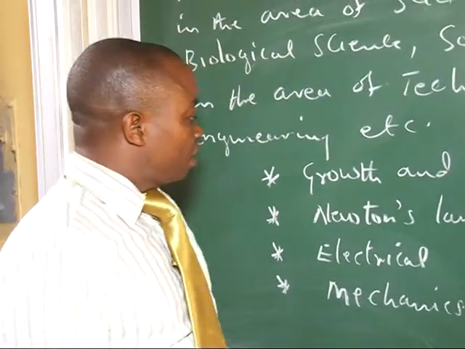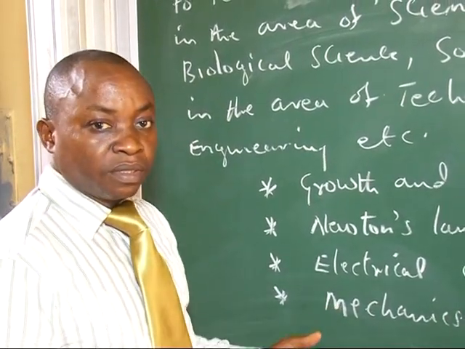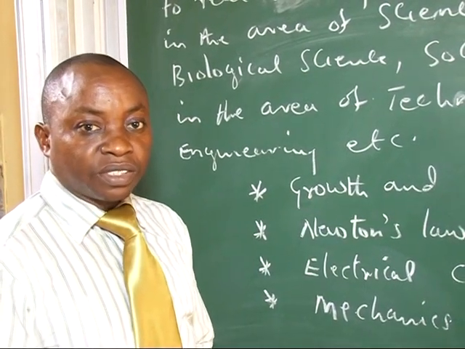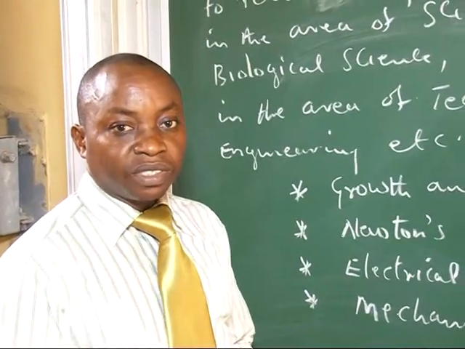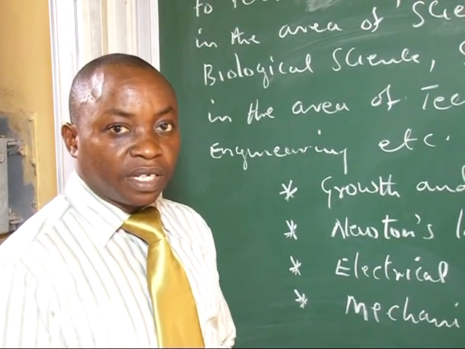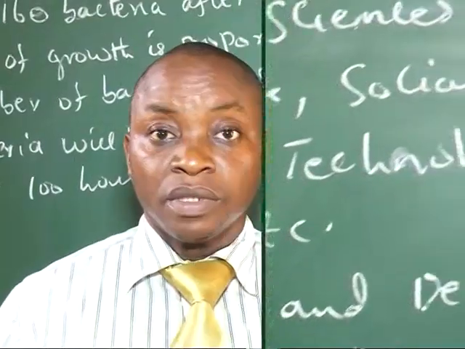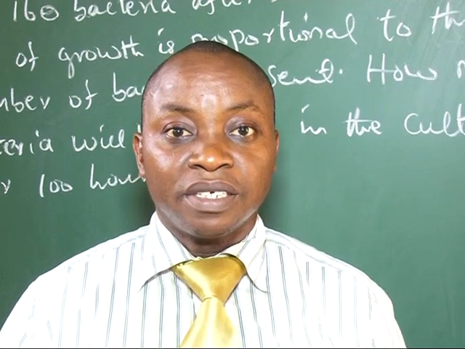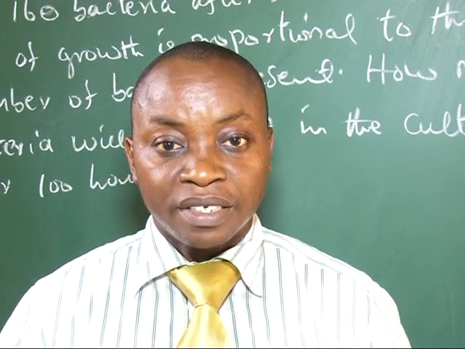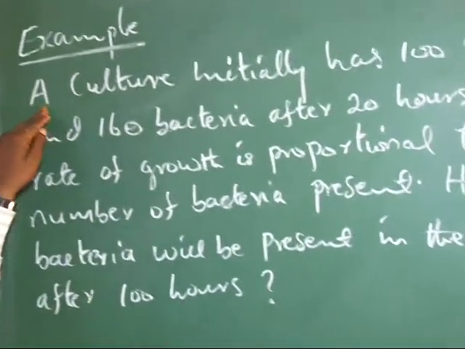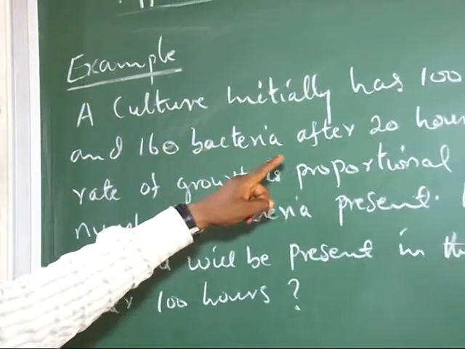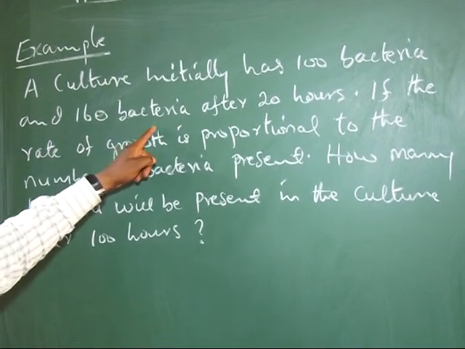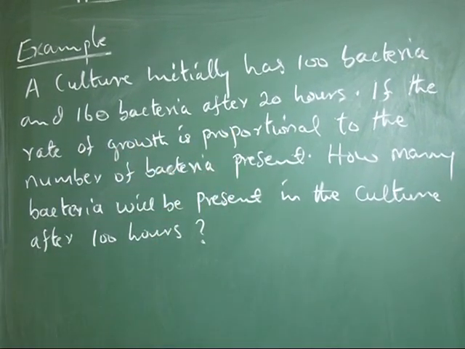So we'll pick an example about growth and decay, and we see such problems that we can use differential equations to solve involving growth and decay. So we want to look at an example that concerns growth and decay. A culture initially has 100 bacteria and 160 bacteria after 20 hours.